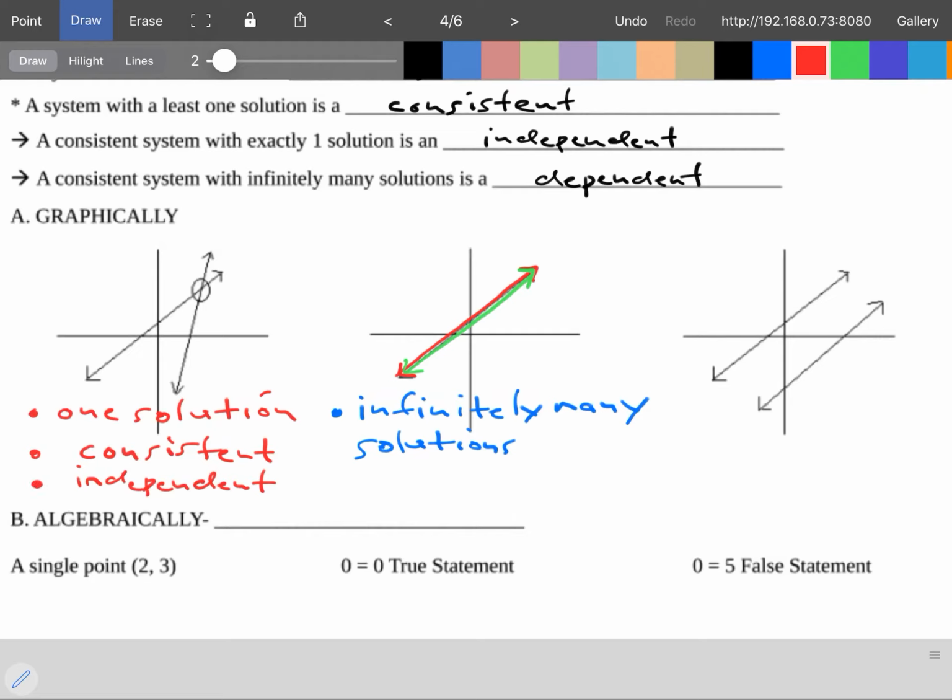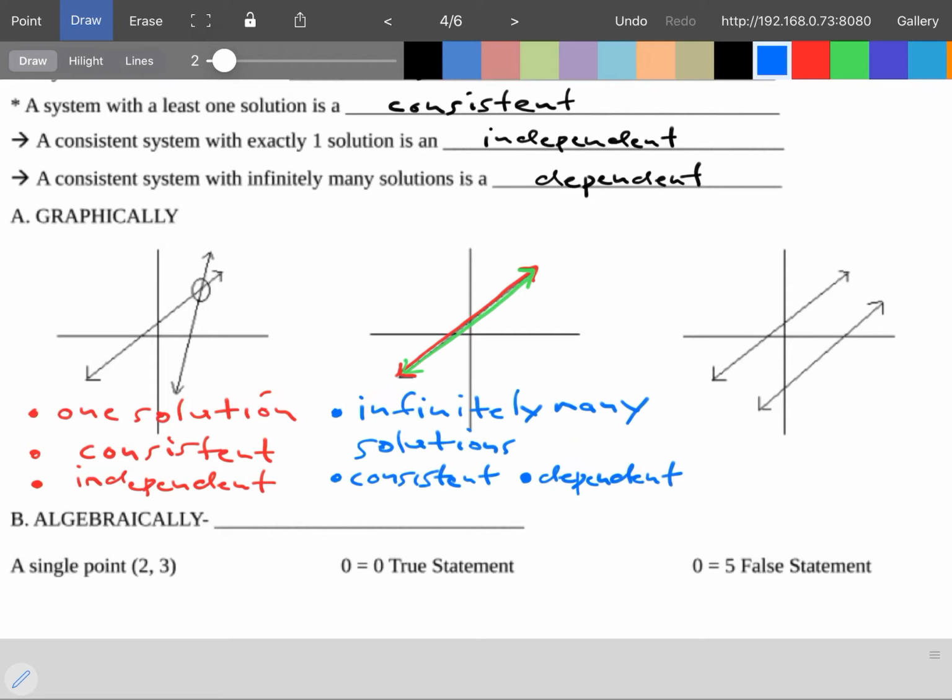Again, from above, if it has infinitely many solutions, then it has at least one solution, so that would be consistent. And this one is dependent. Now remember, each solution in that case would be a point on the line, the point x comma y. It'd be an ordered pair, and there would be infinitely many of them.